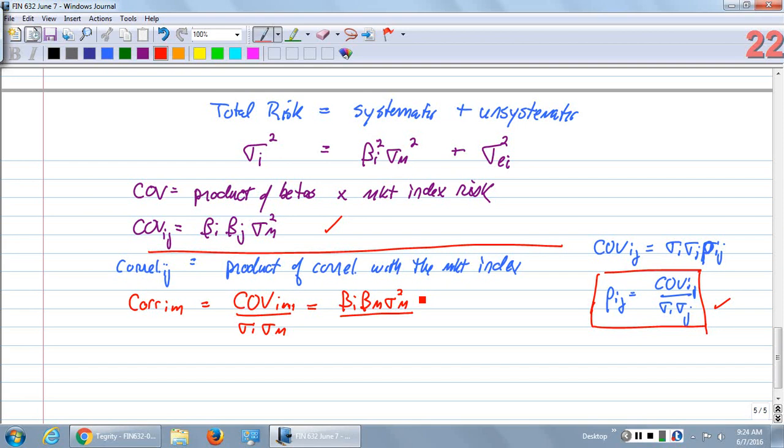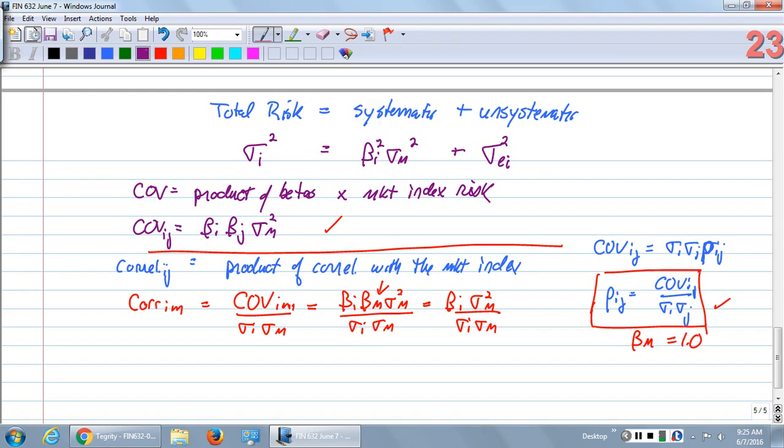In the denominator, I need the product again of their standard deviations. So standard deviation I times the standard deviation of the market. Remember that the beta of the market is 1, isn't it? And so right there where I've got a beta of the market, that's a 1. So this can simplify then to beta of asset I times the variance of the market divided by sigma I sigma m. Again, because the beta of the market is equal to 1.